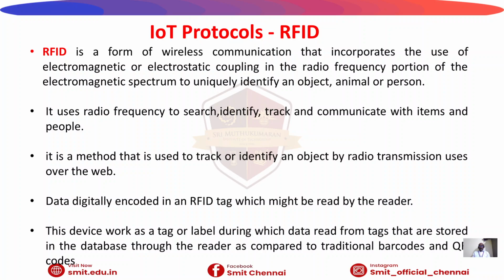But our RFID need not be in line of sight; it can be out of the line of sight also. It works easily because it uses radio frequency, which communicates through the air from one place to another by the use of an antenna.